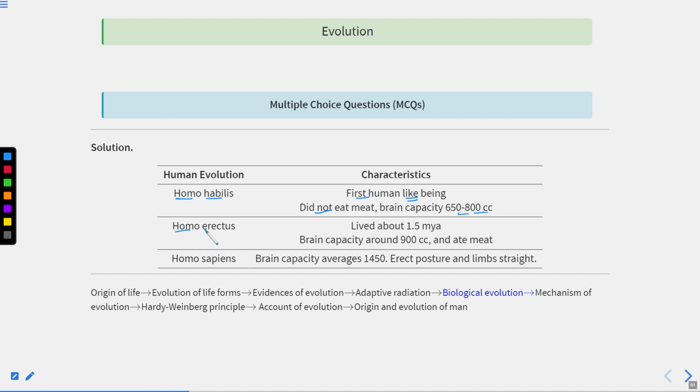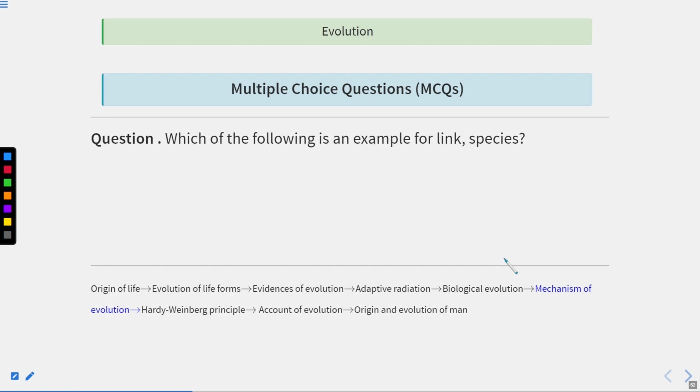Then let's talk about Homo erectus. They lived about 1.5 billion years ago, and the brain capacity, you can see, has increased to 900 cc, and they ate meat. Then the most evolved are the Homo sapiens. Here the brain capacity is 1450 cc, and they have erect posture and limbs are straight. Okay, clear? Let's move on to the next question.